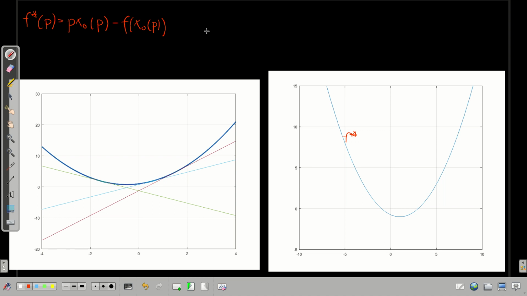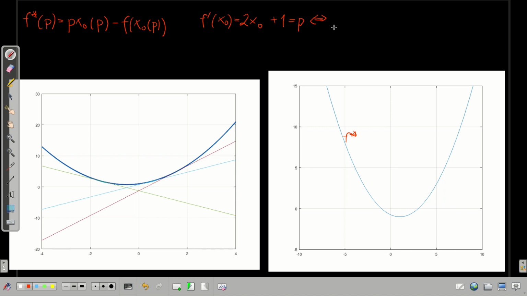This can be done for our particular function as follows. So we know that f prime of x naught equals 2x naught plus 1, and as found in the previous part of the video, this equals the value of p.